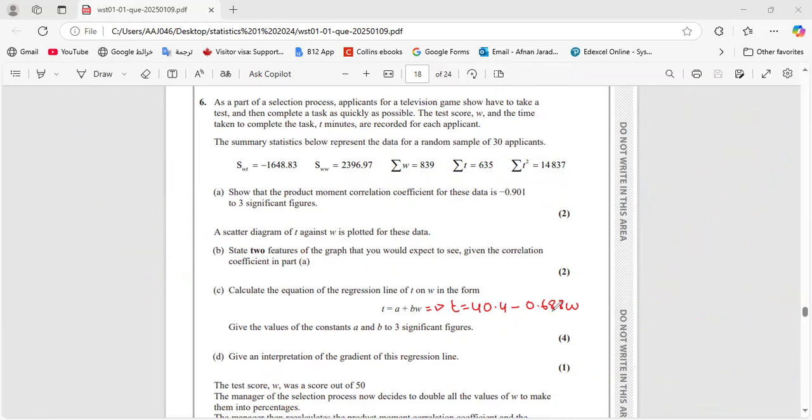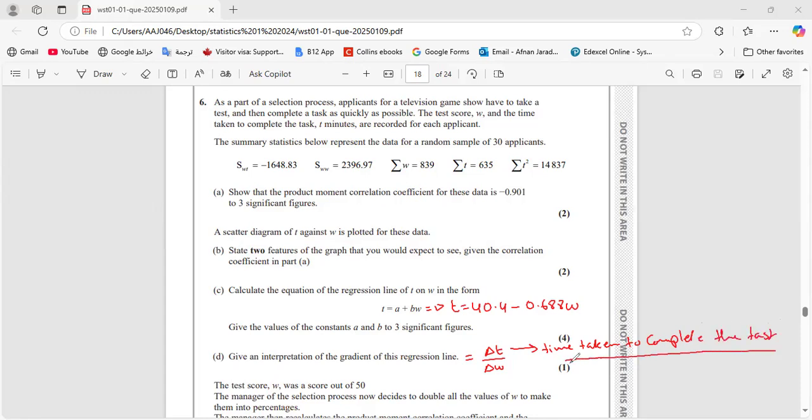The gradient for this equation is delta T over delta W. T is the time taken to complete the task.